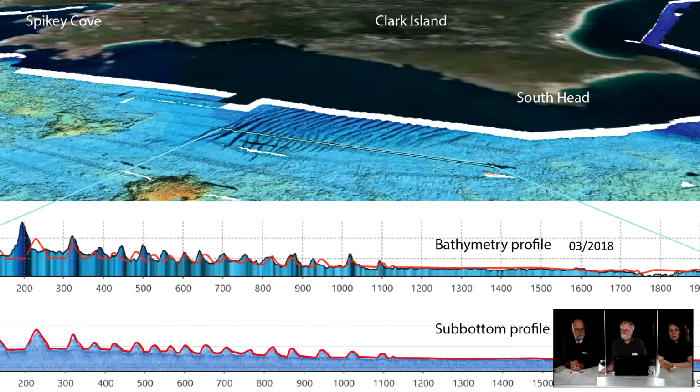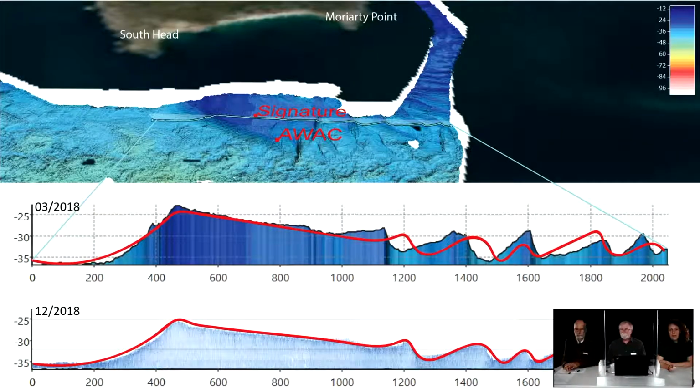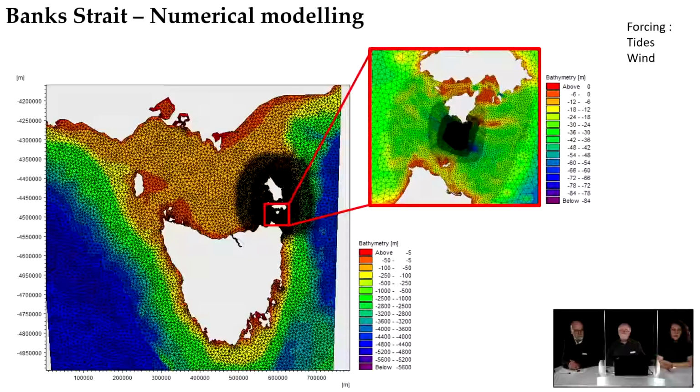We saw that the dunes were migrating. And in the south part of Clark Island, there are huge sand dunes of 10 meters. Now we are going to build a numerical model of this to understand the migration of the sand dunes.